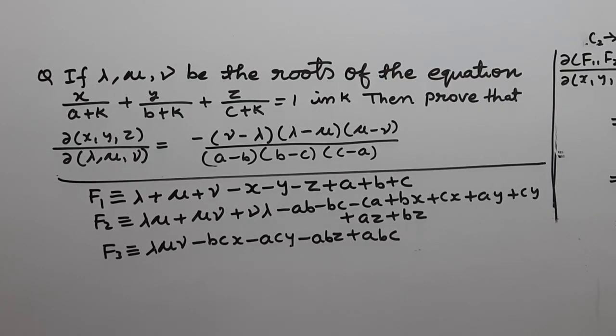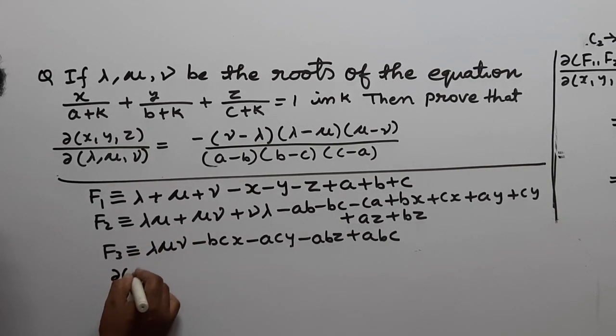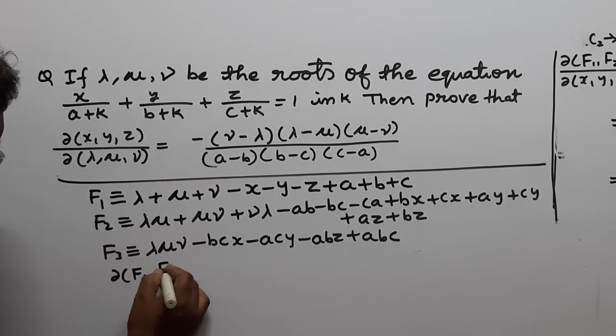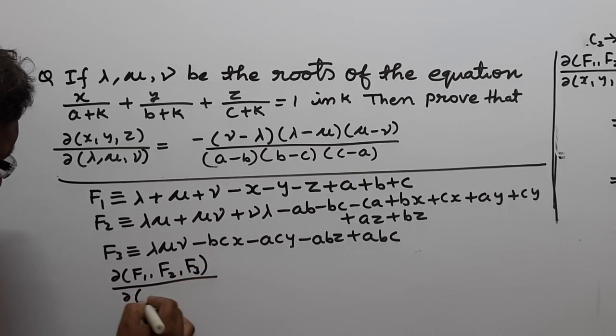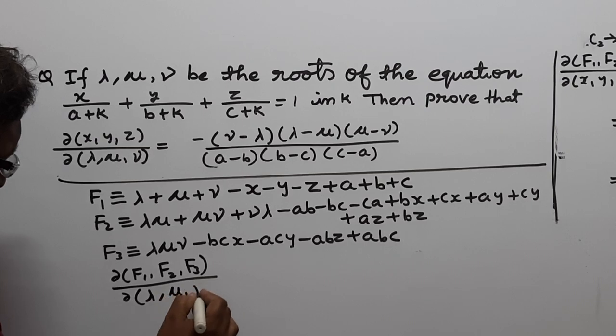Now we find the Jacobian of f1, f2, f3 with respect to lambda, mu, nu. So this will be del f1, f2, f3 divided by del lambda, mu, nu.